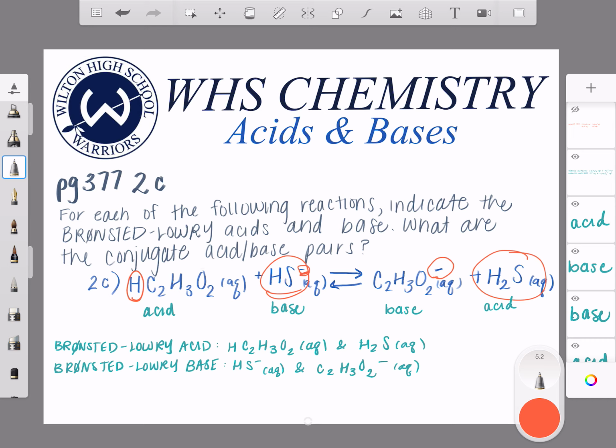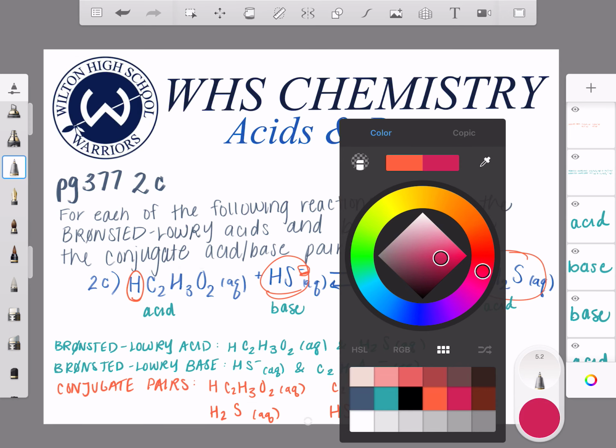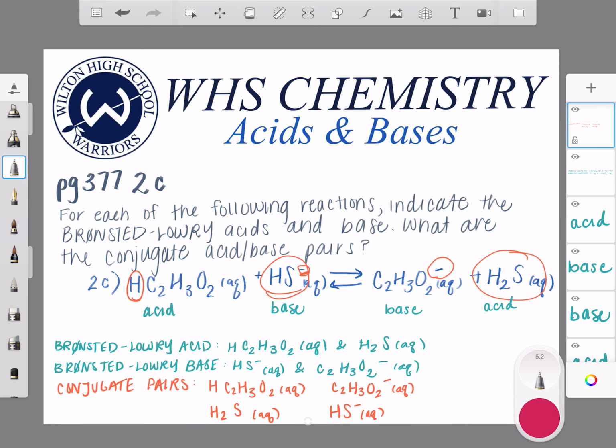So the conjugate pairs are as follows. This is one pair, and this is the other, and since the reaction goes both ways, we can't really label it as a conjugate acid or base pair, because it could be either depending on the direction of the reaction.